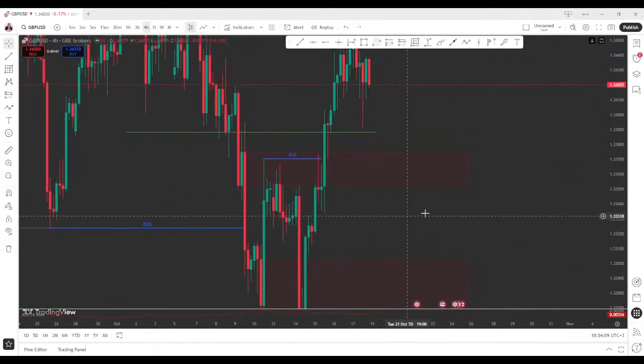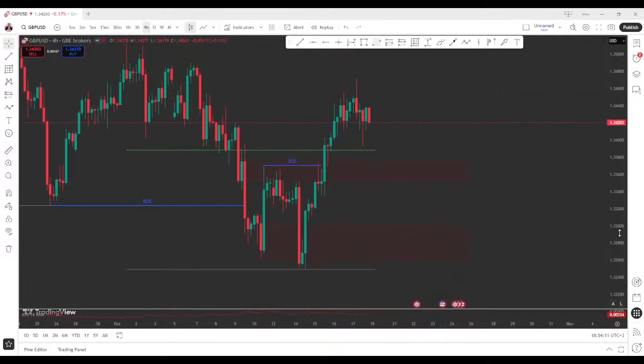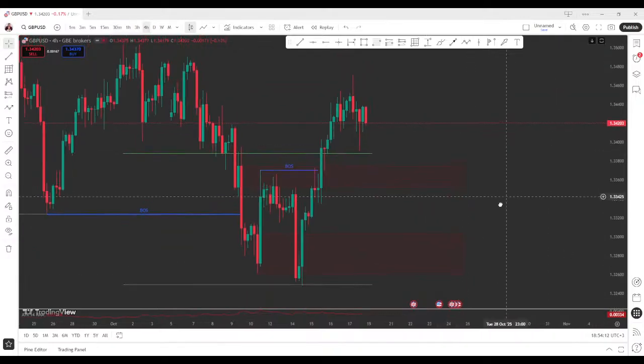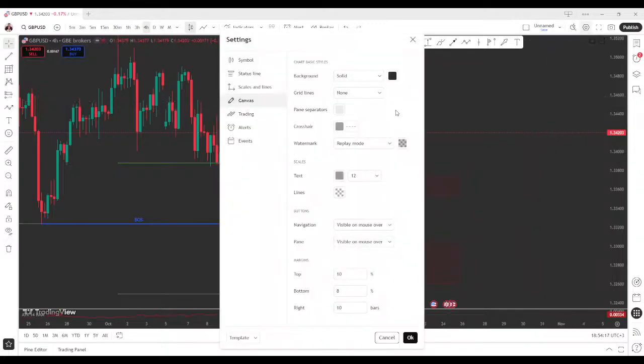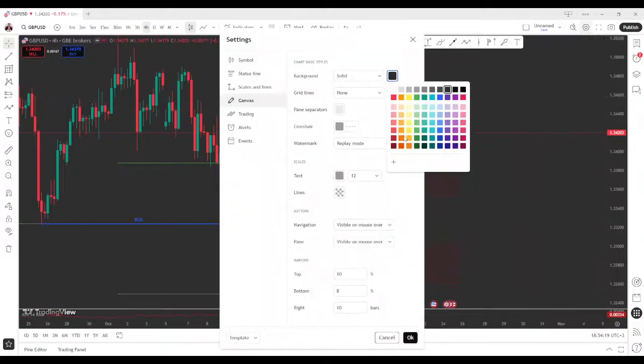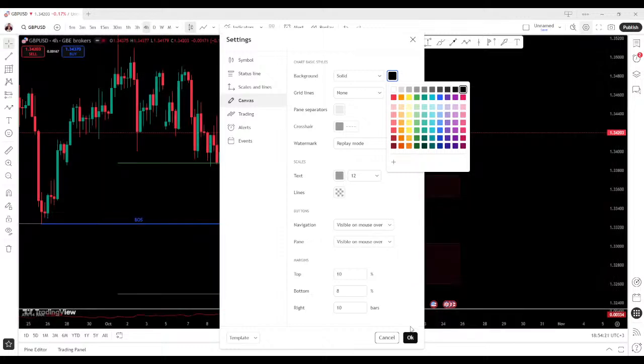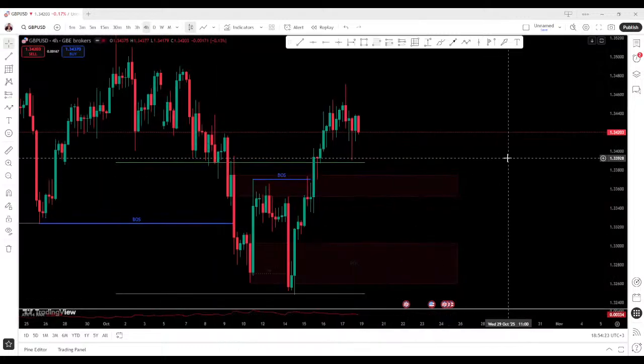So are you able now to see? I think this one is contrasting well. I think this one is a good contrast. So now we can see better now. Perfect.